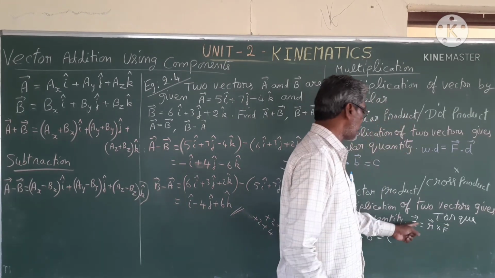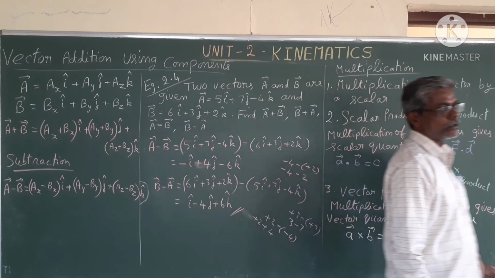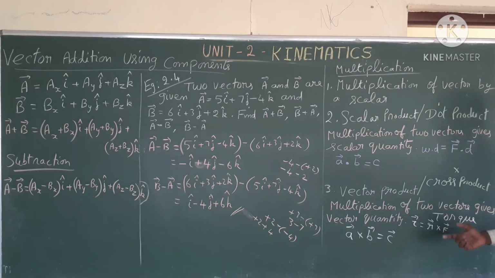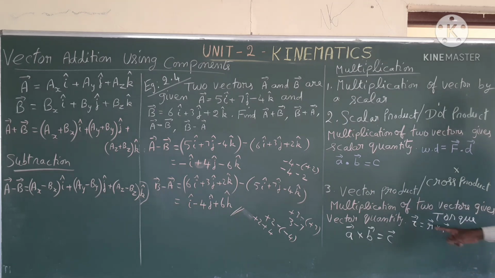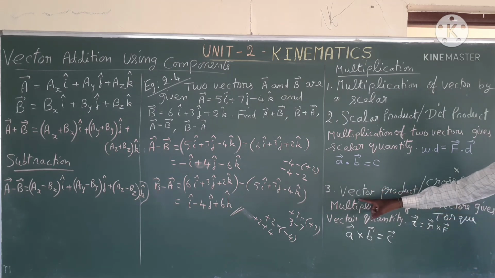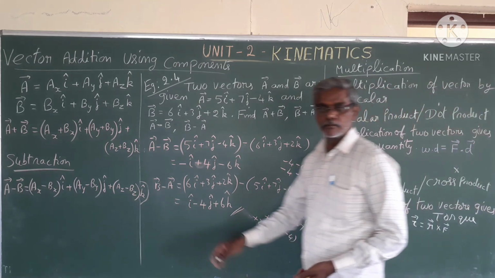So how do I read this one? Torque is equal to r vector cross f vector. Not into. You must read it as torque is equal to r vector cross f vector. Here a vector dot b vector. Understood? This is the example for vector product. See, torque is a vector quantity. These two are also vector quantities. Understood?